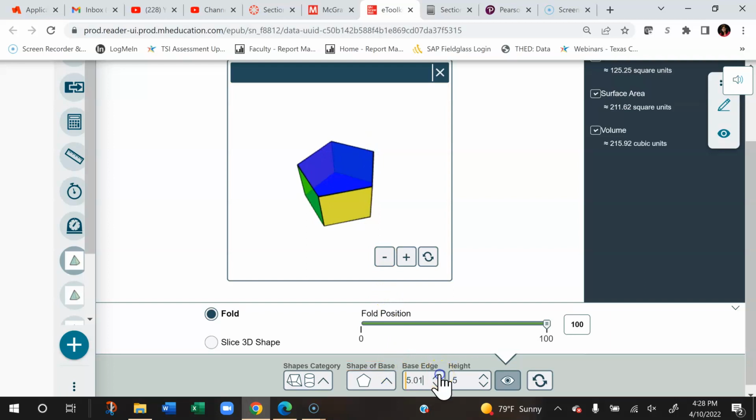Here is also a prism. So all of these are prisms, even though I've changed the number of sides. Okay?